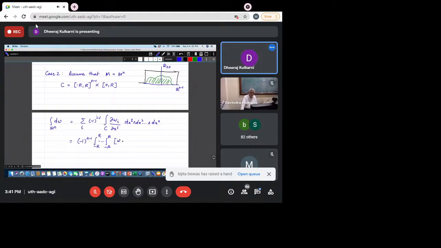So I have omega_n of x, and I have to apply the limits from the last coordinate equal to 0 to the last coordinate equal to r, and the rest of the variables are kept untouched, dx1 up to dx_{n-1}.